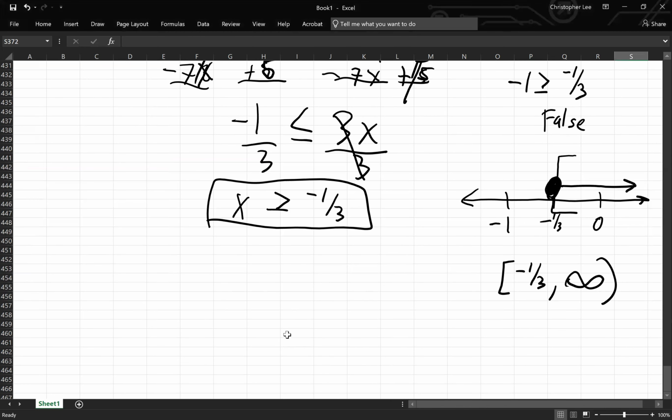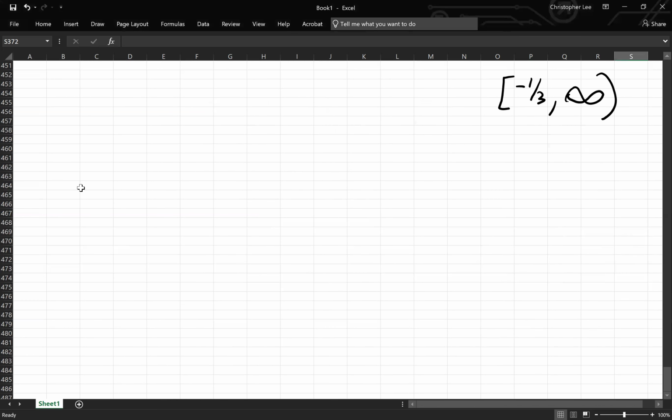Are you gonna do another one? What is the interval? Okay, so divide by 4 on both sides. That's gonna be 6. But look, this is less than or equal to, and you got less than.